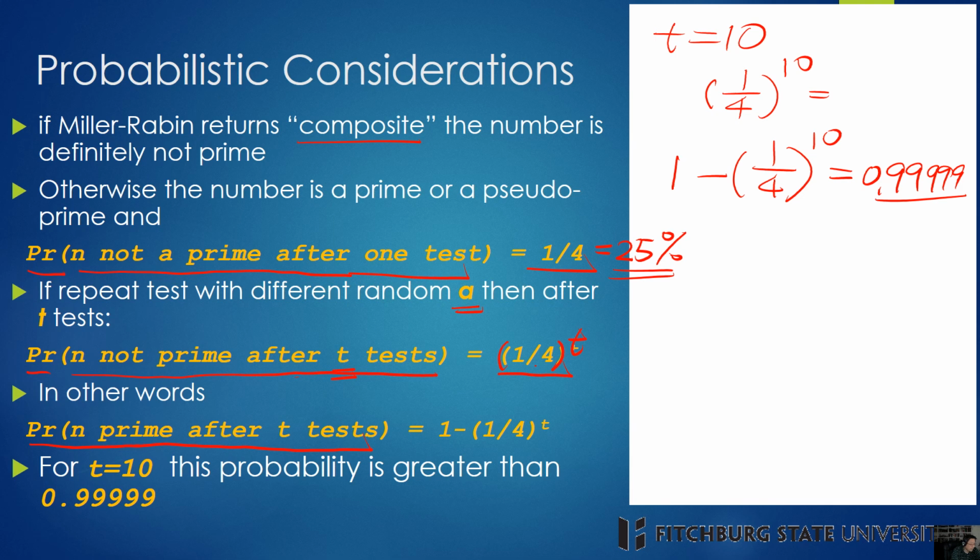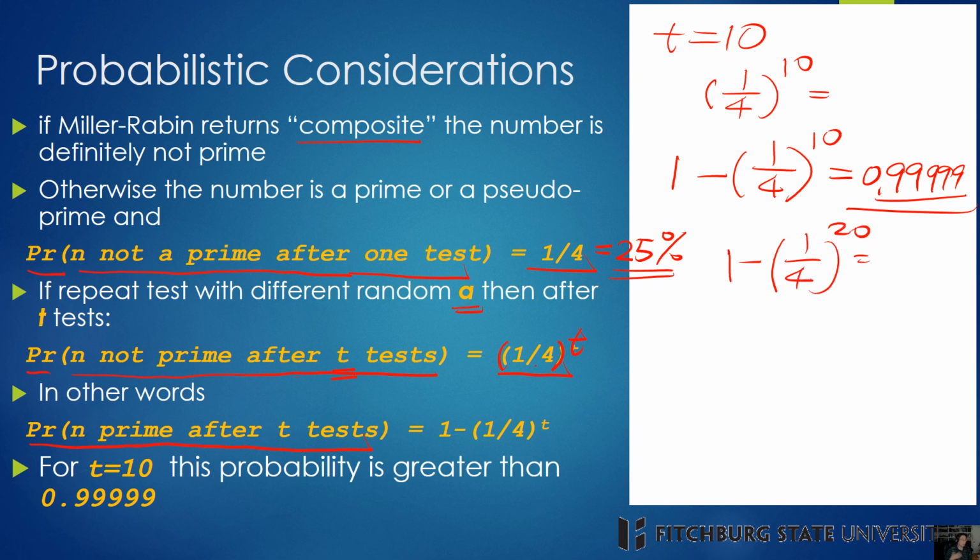Now, if you still say, oh, it's still not 100%, I cannot say 100% that n is a prime number, then you can increase the number of tests. From t equals 10, I can test 20 times. If I pass all 20 tests, then the probability that n is a prime after 20 tests is 1 minus 1/4 to the 20.